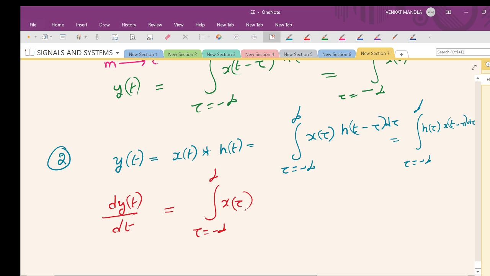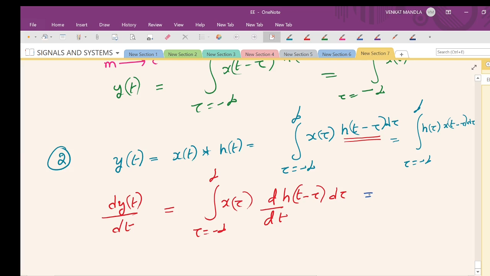The integration is with respect to tau, and we are differentiating with respect to t, so we can directly differentiate h, because h is the only function which is a function of t here: d by dt of h of t minus tau d tau.